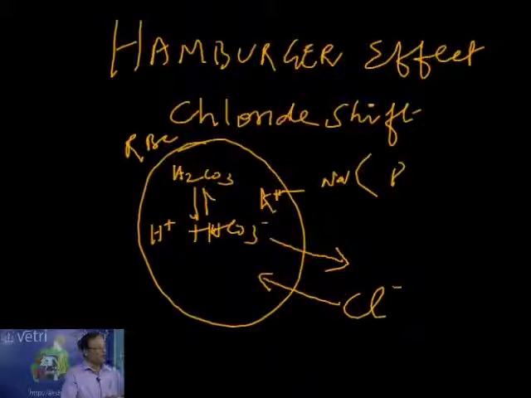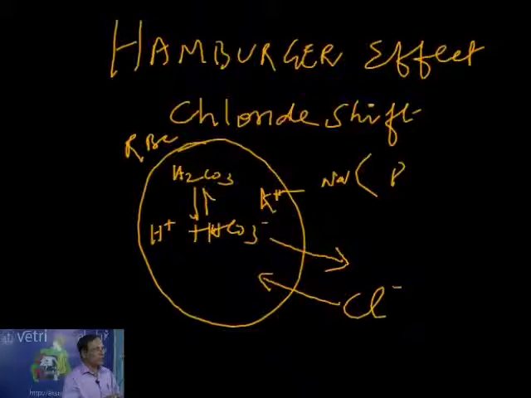Once the chloride enters, it combines with potassium and remains as potassium chloride, and the bicarbonate combines with sodium to form sodium bicarbonate. As soon as these ions reach the alveolar surface, the reversible reaction occurs because of the conditions available.